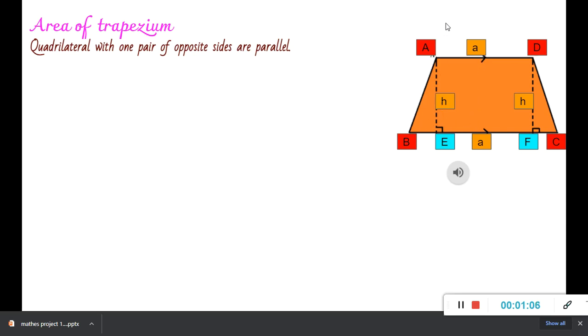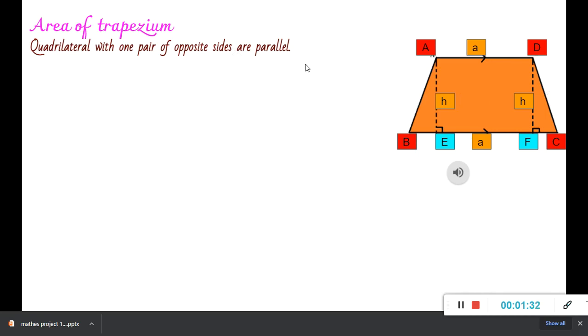Now just see how we could find the area of trapezium ABCD. So now here we got three figures, right? A triangle in each of the two corners, and a rectangle inside. So if we add together all these three shapes, we will get the area of the trapezium.